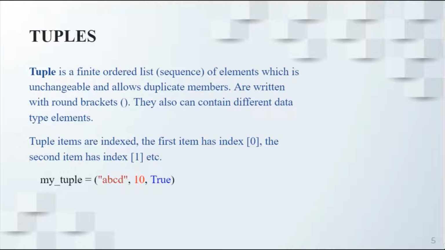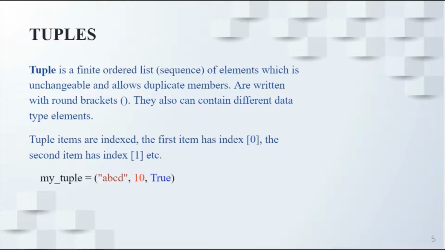You can see the syntax. A tuple is written in round brackets, and the first is abcd, that is a string, then 10, an integer, then true, that is a boolean value. So yeah, tuples can also contain different data types in a single tuple. Okay, so that was all about tuples.